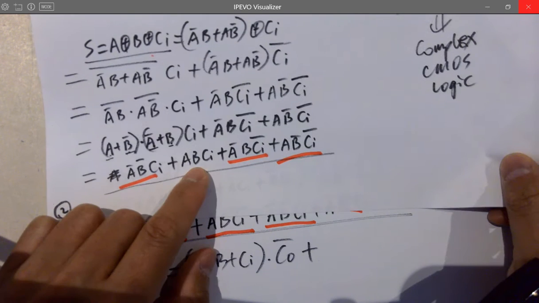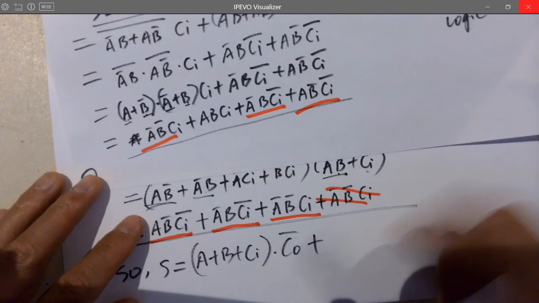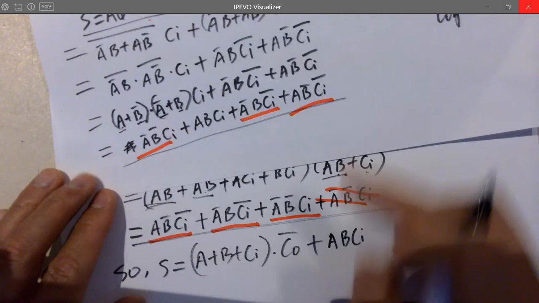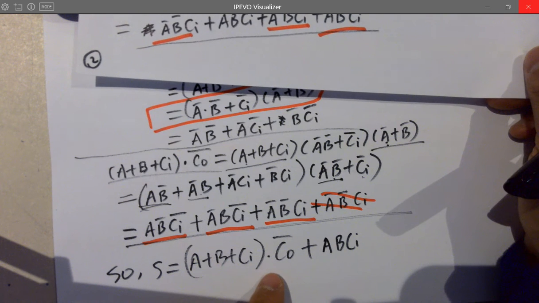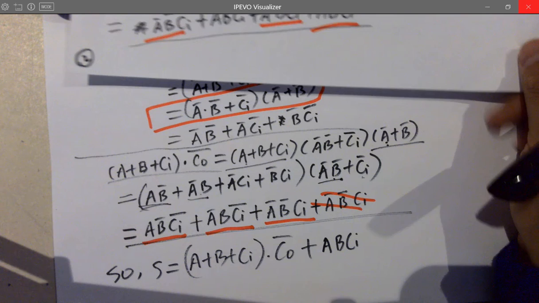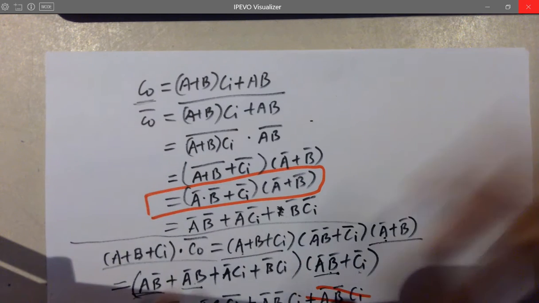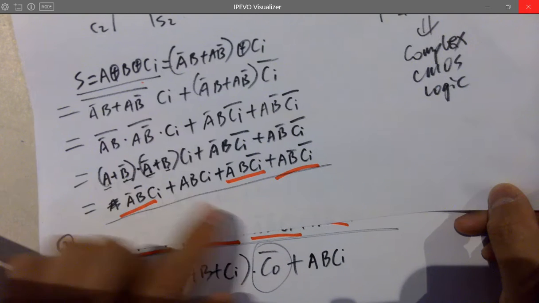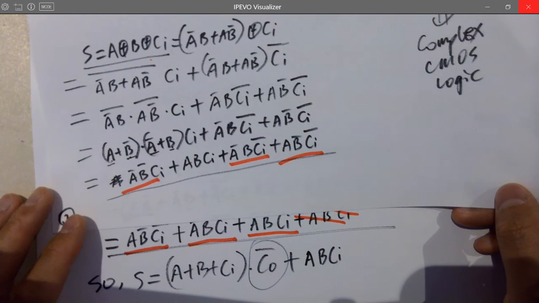But you need one extra term to finish the logic for S. It's not too bad, since compared to the original one here, it's still simplified a lot. The reason we have to do this is because CO is being used, and we have to do CO anyway, and we can directly use CO here. CO is part of S.